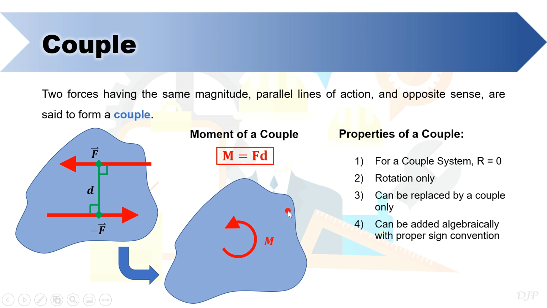Fourth, they can be added with proper sign convention. Fifth, the moment of a couple has no moment center, which follows that this kind of moment is considered as a free vector. In other words, this moment can be placed at any point on the body without altering the net effect. So let us now quickly prove the formula of couple moment and why it is considered as a free vector.